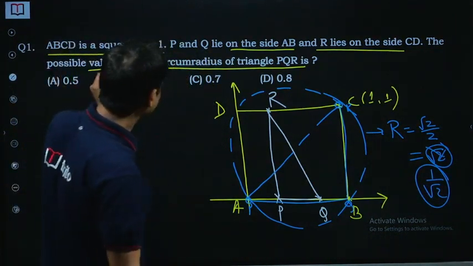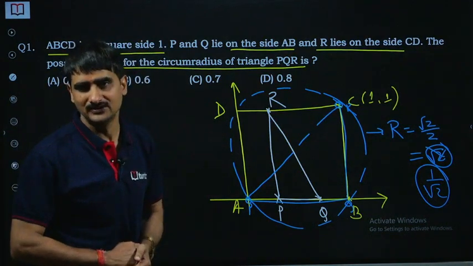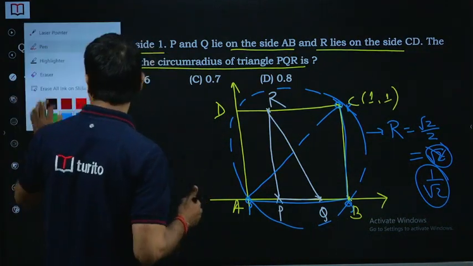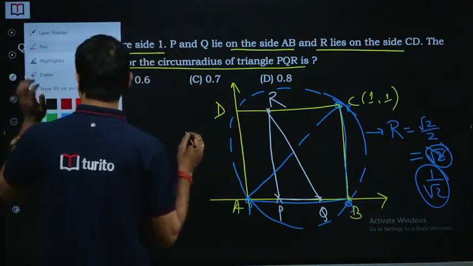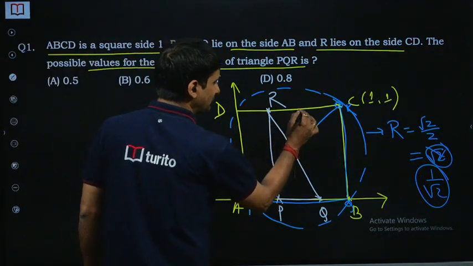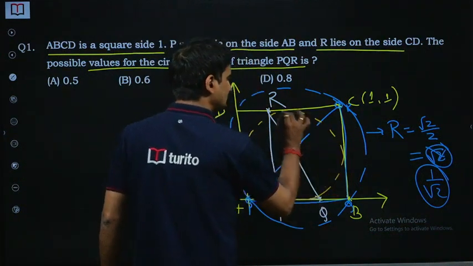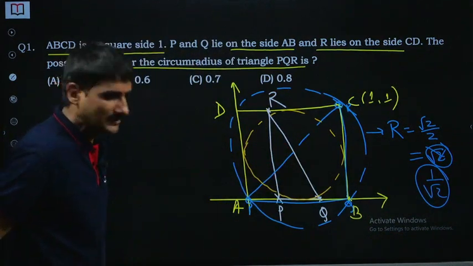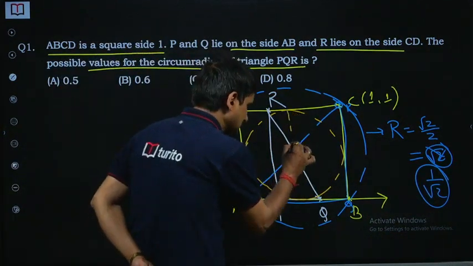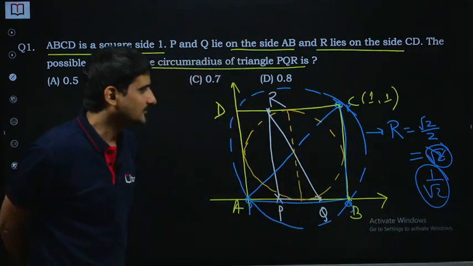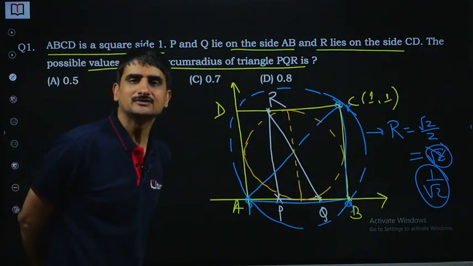Now the smallest possible value: if we go for the incircle, this is the radius of this circle, which is 0.5, as the side is 1 unit.